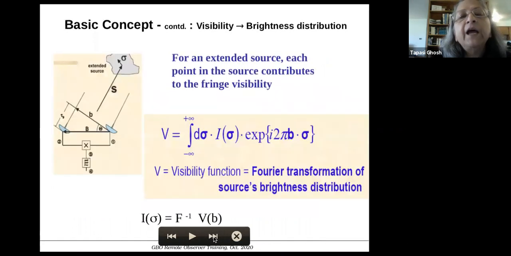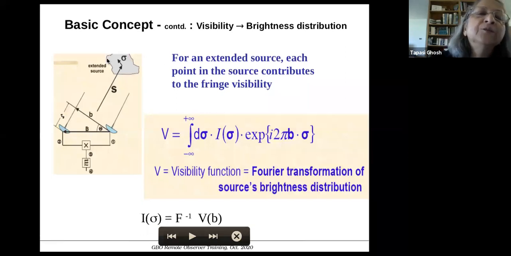So far, we only talked about a point source. Now, normally, most of the sources that you want to map will have a brightness distribution in the sky. How will that look in your response to the interferometer? Every point in this extended source will form its own fringe pattern through your simplified interferometer here.